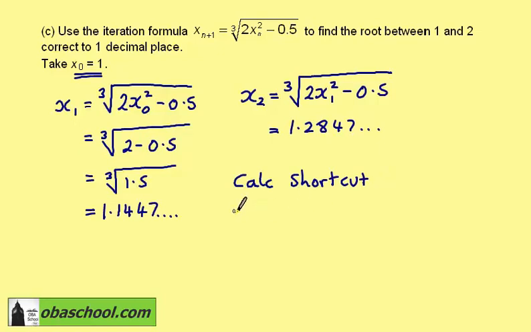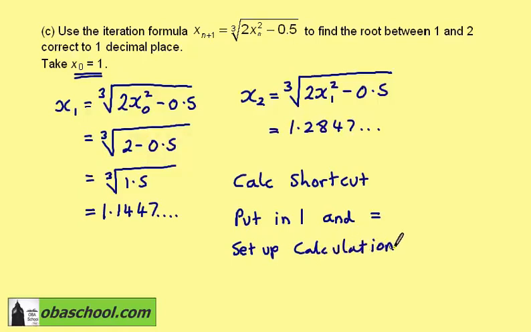Since x0 is equal to 1, we put into the calculator 1 and then press equals. This stores 1 as the last answer. We can then set up the calculator with the formula in terms of ANS.